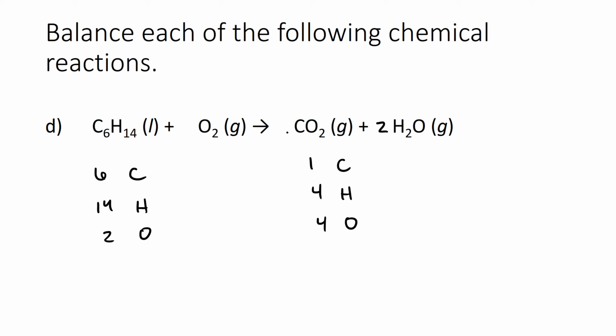To balance the carbons, I need to put a 6 out here. So that's going to change this to 6 carbons. Now we have 12 oxygens plus 2 more, so that's 14.